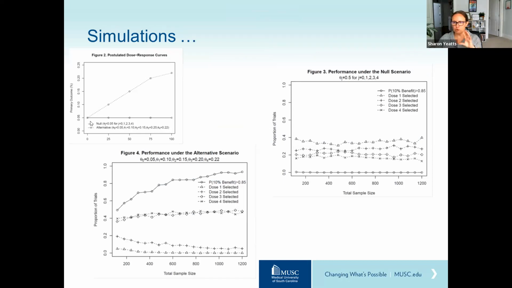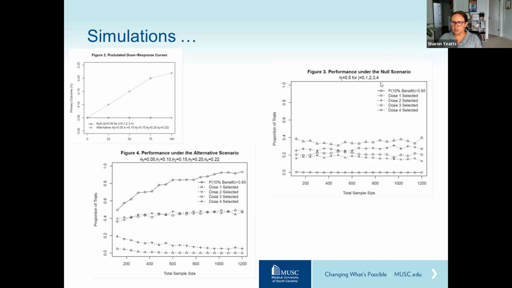So I'm just showing you a small snippet of work that was done in developing a planning grant for this particular design. So we've specified here a null hypothesis, which is that dose changes and nothing happens on the primary outcome, and an alternative hypothesis that looks like a linear increase and then sort of a plateau at the highest dose. And again, we're going to generate these hypothetical trials and track performance and see how the parameters that we've specified actually work in practice.